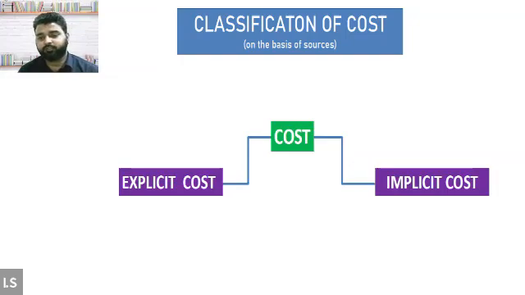And implicit cost is the estimated value of the self-owned factor of production. This is the difference between implicit and explicit cost.